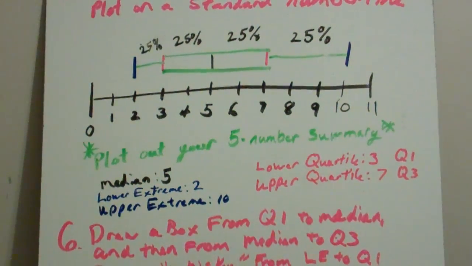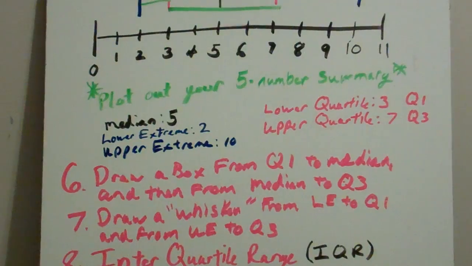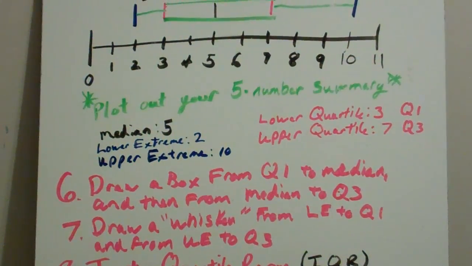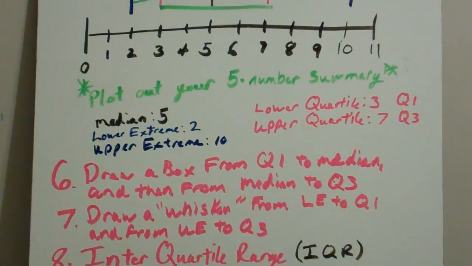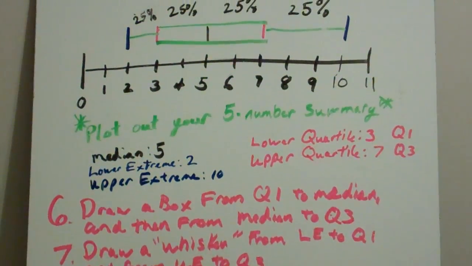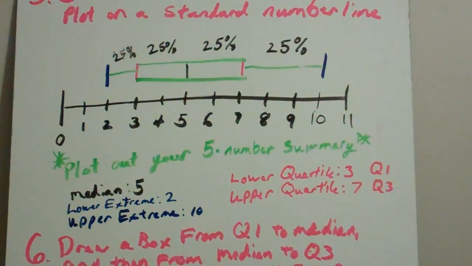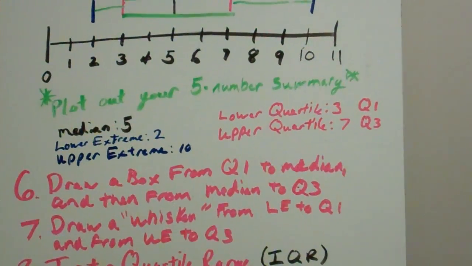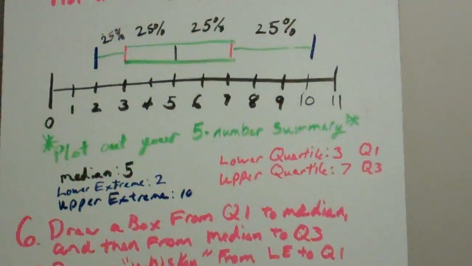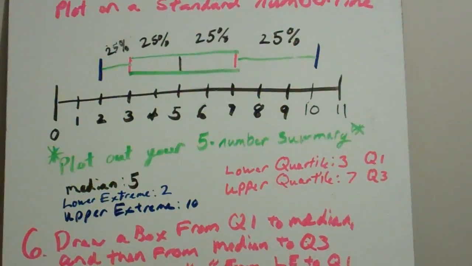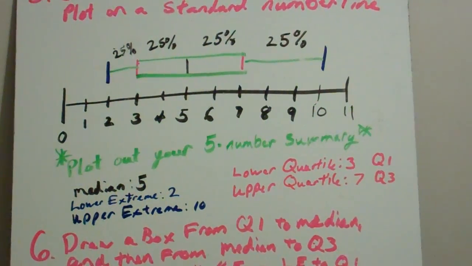After that, we're going to draw a line from the first quartile, which is a 3, down to the lower extreme, which is a 2. Just a straight line. And then we're going to draw a line from the third quartile, which is a 7, all the way out to our upper extreme, which is a 10. And that completes the construction of the box and whisker.